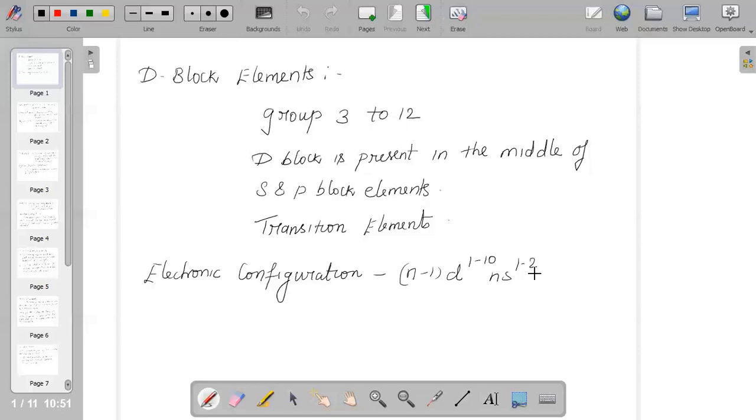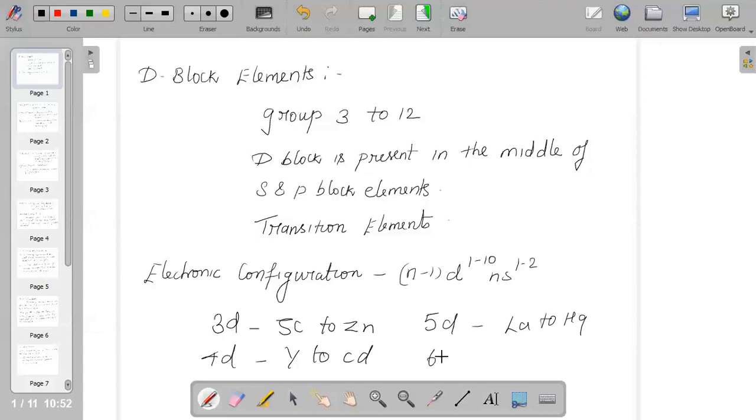The fourth is the 6d series, which is beginning with Ac, but is still incomplete.